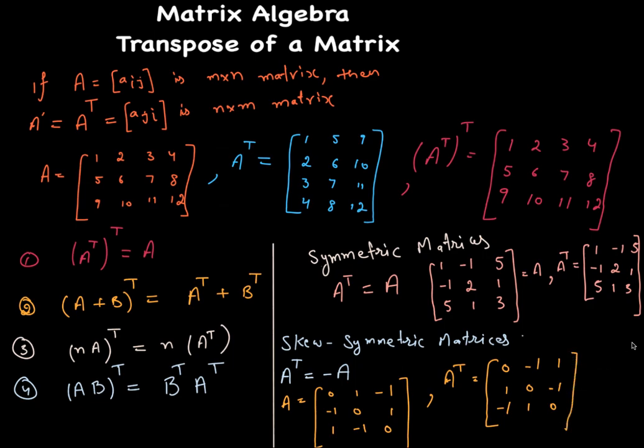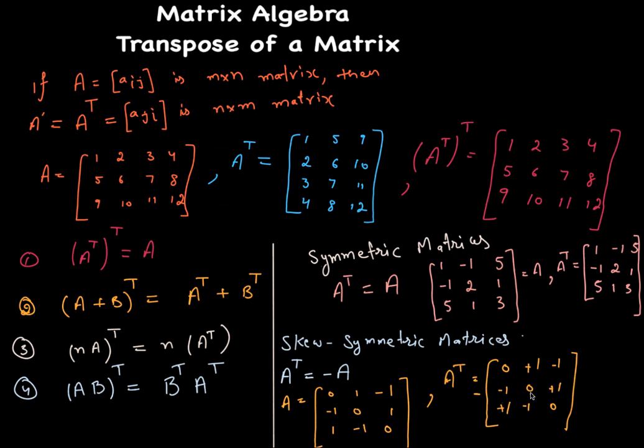Now if you look at this, A transpose almost looks like A but with the negative sign. So if I take a negative out from here, this becomes positive, this becomes negative, this becomes negative, this becomes positive, this becomes positive, and this becomes negative.